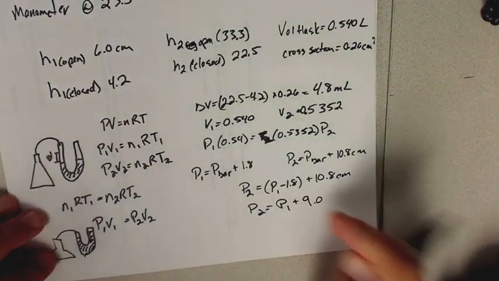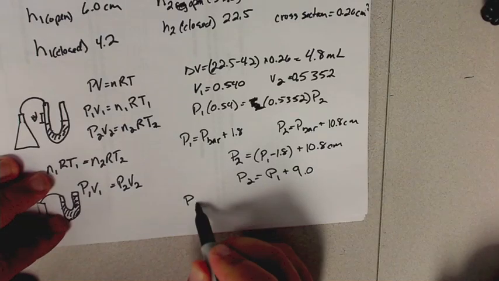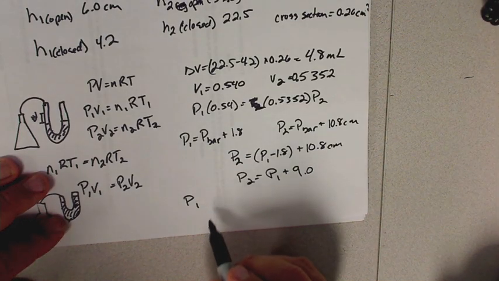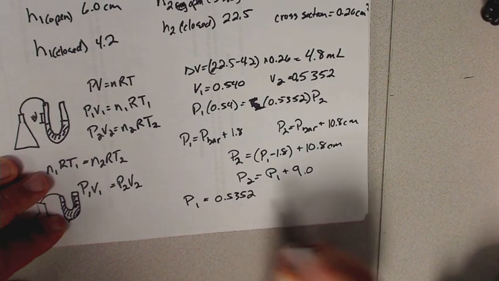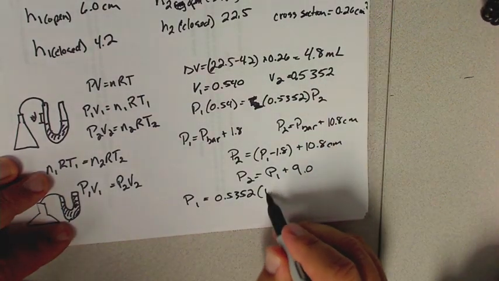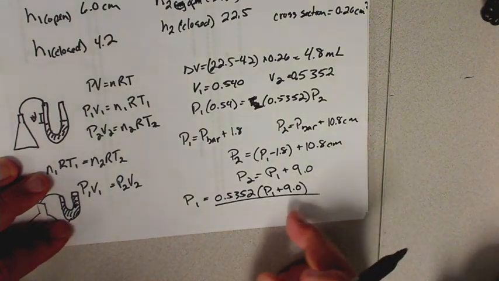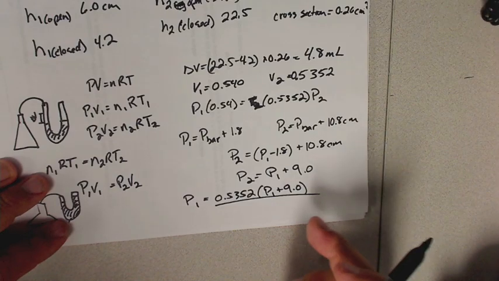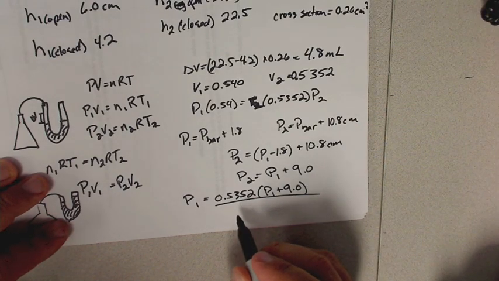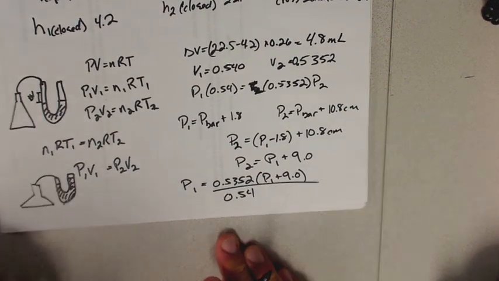Then you can substitute that in here, and you'll get P1 times 0.54 equals 0.5352 times P1 plus 9.0. And then you just have to solve for P1.